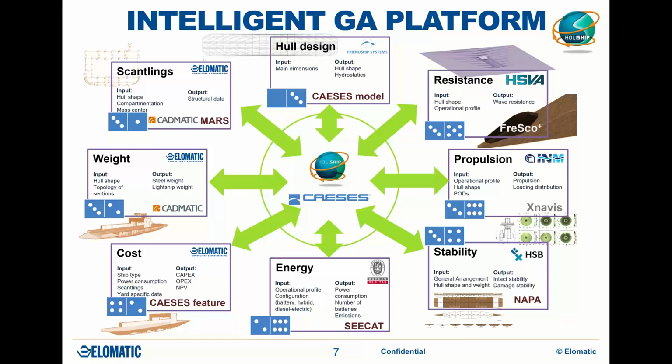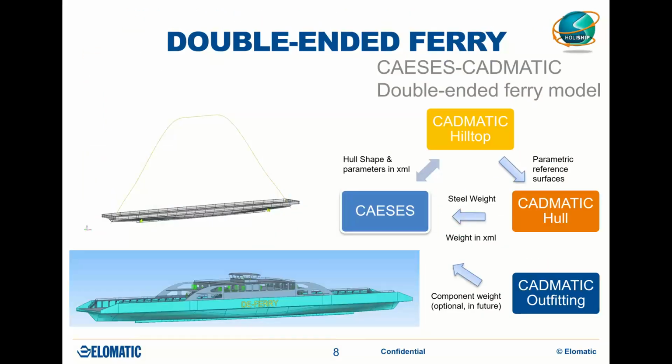Operational expenditure was based mainly on the resistance and power consumption. And in a double-ended ferry, the income and the payload is basically the number of cars and trucks on board. And simultaneously, we had automated stability analysis procedure, which verified that the ferry complies with required intact and damage stability rules. So let's now move on.